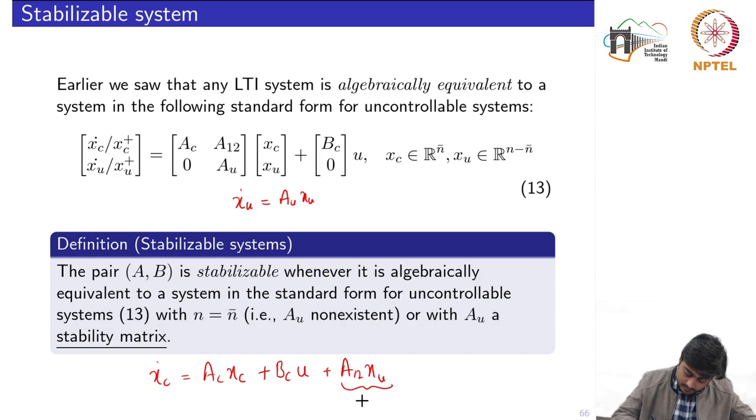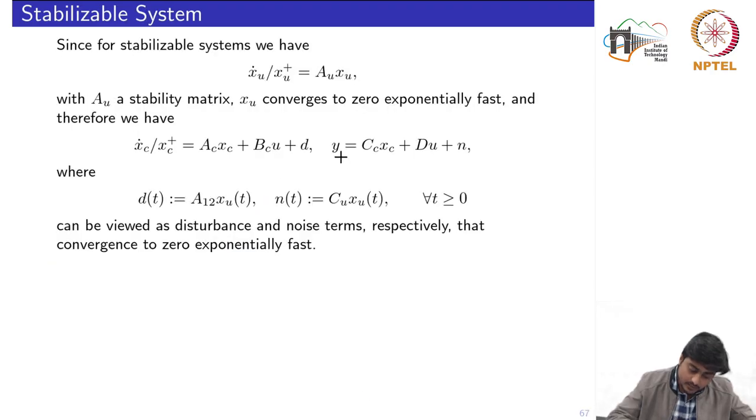This part I have written as another signal D, and similarly I would have a similar representation of XU in terms of another signal called N. Both are in fact time dependent. So these two signals can be viewed as disturbance and noise respectively, which converge to zero exponentially fast.